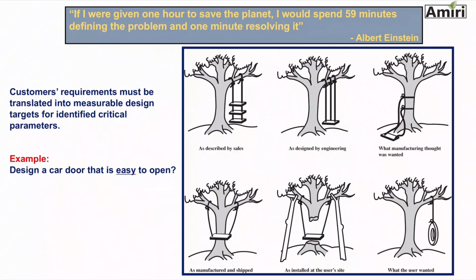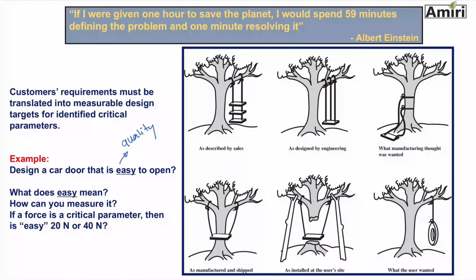Customer wants a car door that's easy to open. But as an engineer designing a product, what does easy mean? You see here the word easy is a qualitative word, has quality associated with it. As an engineer, you take this and turn it into, again, a technical description, something with quantity and something with a unit that could be understood.